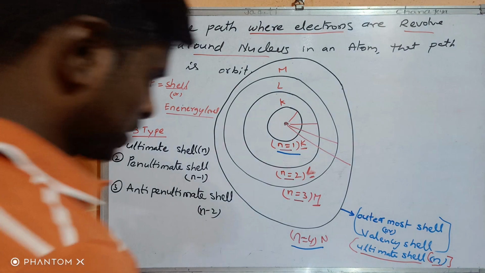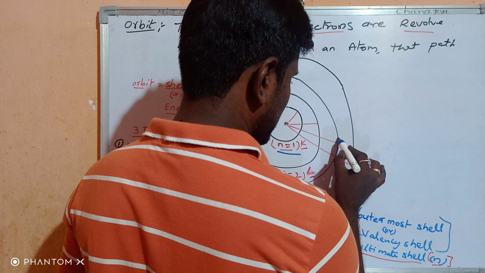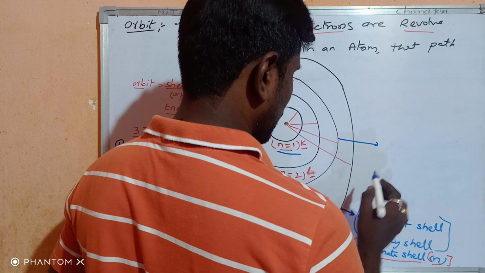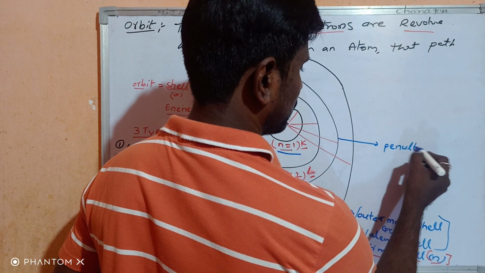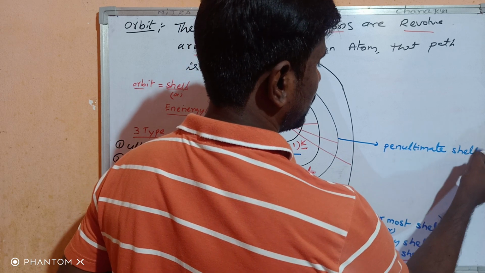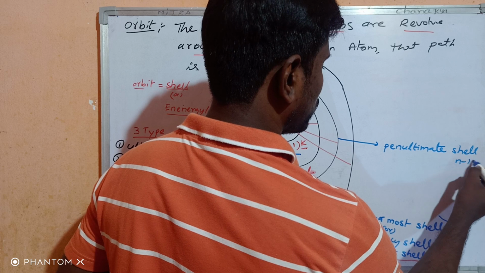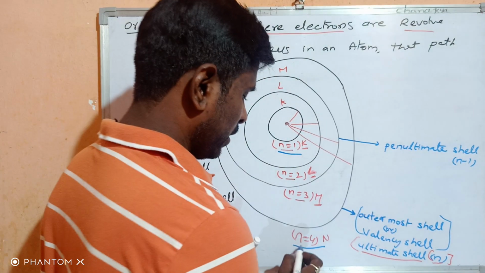Now friends, the next shell, this is the second shell, is called the penultimate shell. It is indicated by n-1. Look here, n=4.